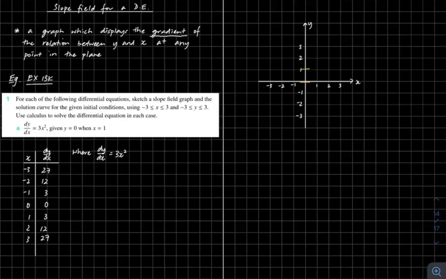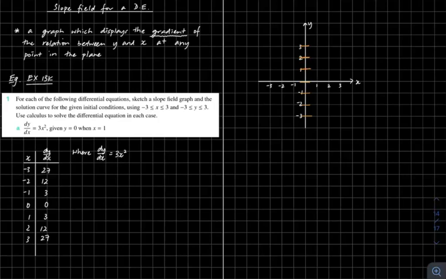Here at y equals 1, x is still 0, so the slope is 0. So a slope of 0 means a horizontal line, doesn't it? So really all I'm suggesting here is wherever the function, which is the solution of this, y equals whatever, wherever that crosses the x-axis, its gradient is going to be 0. It's going to be horizontal at that point.